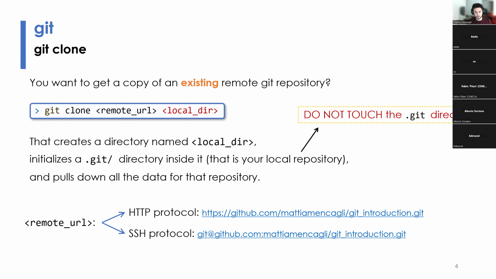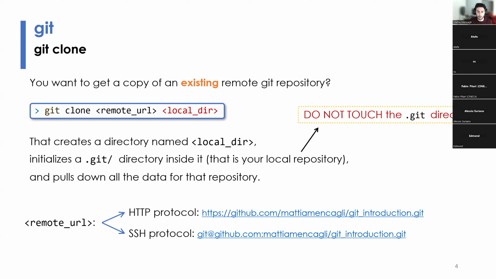Remember not to touch this directory since it contains all the files necessary for Git to work properly. Therefore, do not touch it unless you want to delete your local repository. In that case, you can just delete it, of course. Git clone also downloads all the data from that remote repository, and therefore it creates a copy of that repository on your local machine.